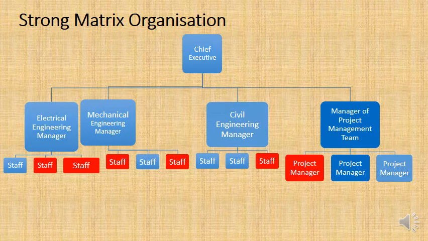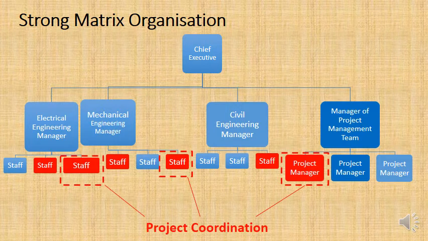And you have a department head, the manager of the project management team, and underneath him you have a variety of project managers, and they've all been assigned the management responsibilities of various projects. So with this project, the project manager for the dam project is actually the project manager in red, and he's selected a couple of key staff from within the organization to coordinate the project with him.